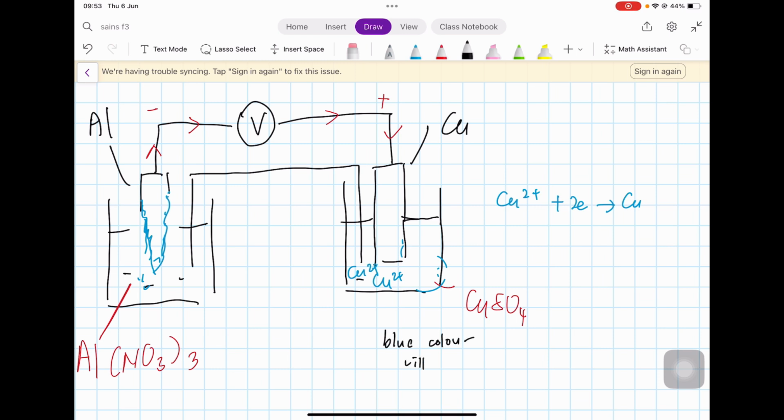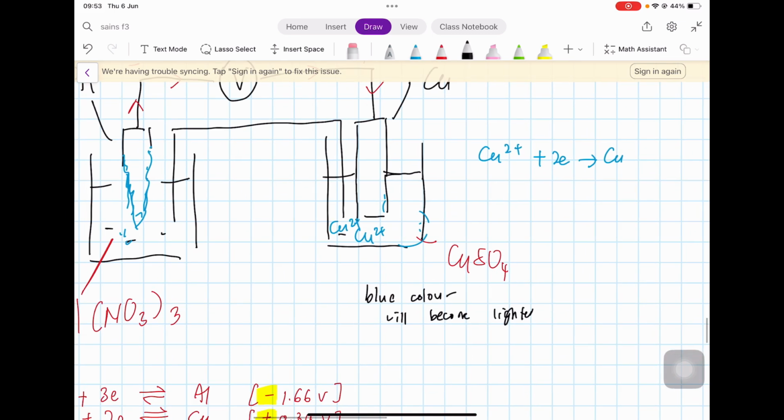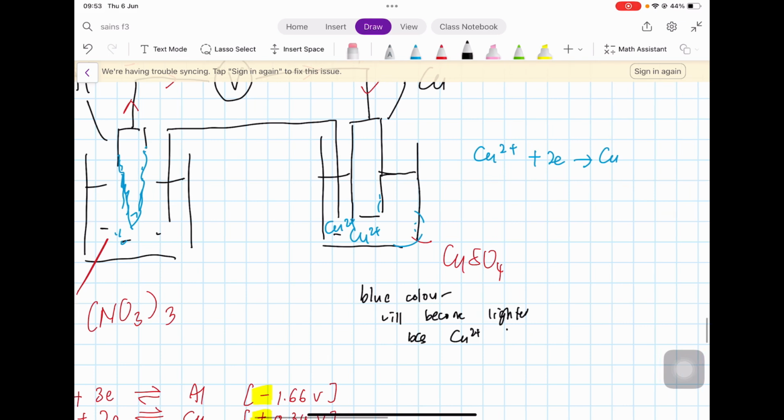will become lighter. Right? Agree? Because of what? Less Cu2+. Because Cu2+ becomes Cu. Okay? So less Cu2+ in the solution.